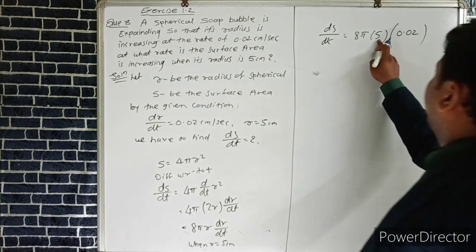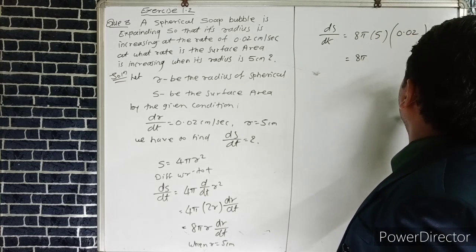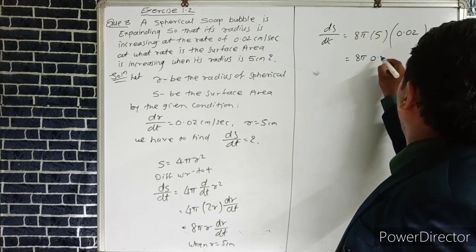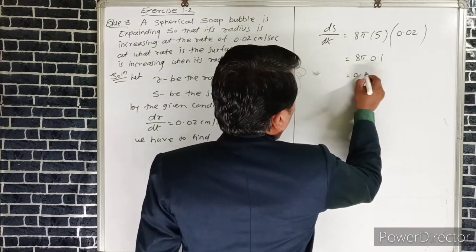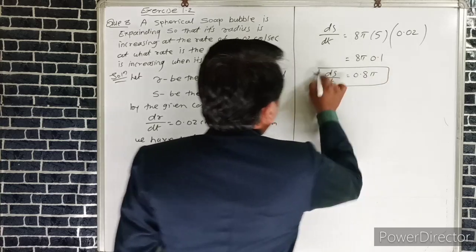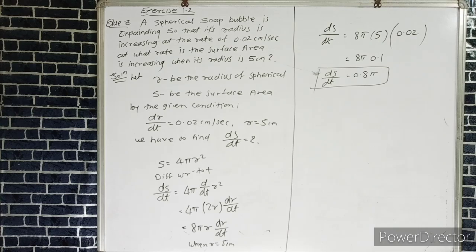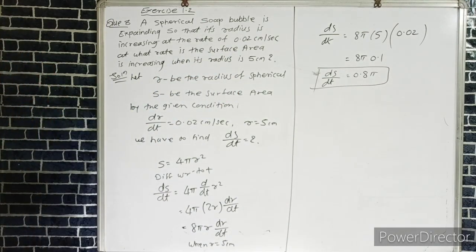So here 8 pi as it is, 5 into 0.02 is 0.1. So 8 into 0.1 is 0.8 pi ds upon dt. So the surface area is increasing, when the radius is 5 centimeter, at 0.8 pi centimeter square per second.